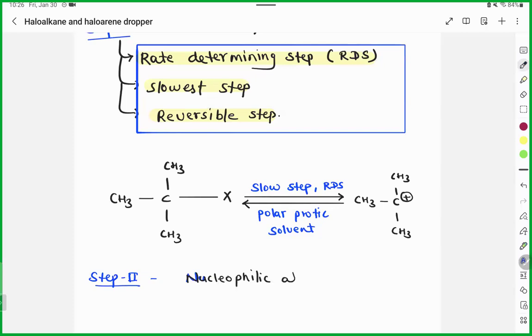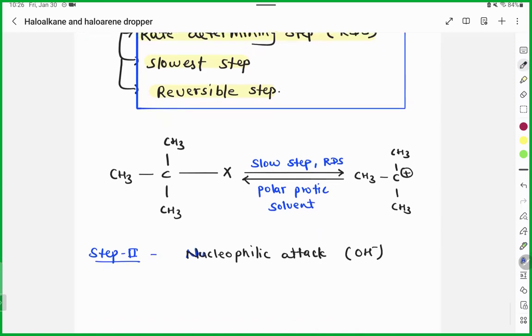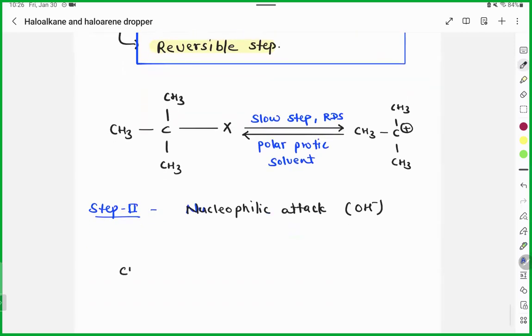More important is dissociation. For example, if you take OH negative ion in this case, what will happen? The same carbocation formed in the first step will react with the OH negative ion. This is the fast step. Irreversible. Remember, irreversible means only in one direction, not both.